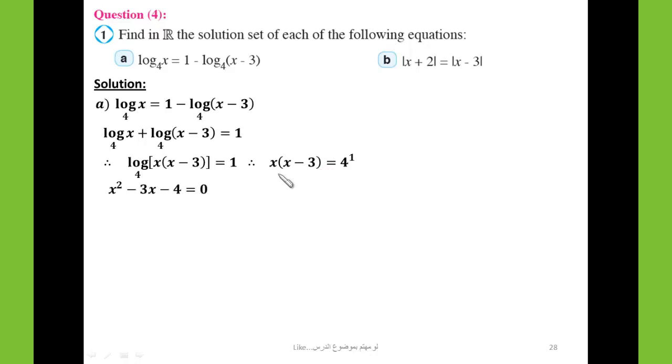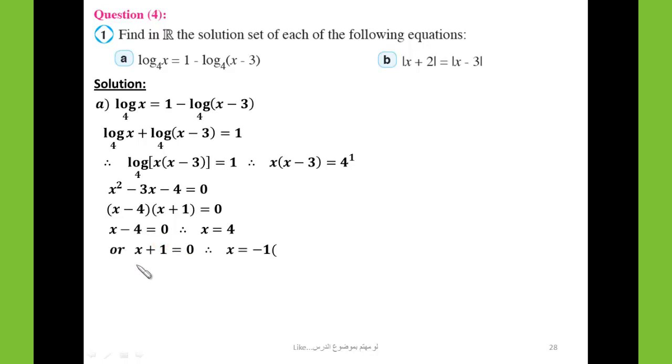So x multiplied by x minus 3 gives x squared minus 3x equals 4. And we put it as a zero equation. So we write x squared minus 3x minus 4 equals 0. And we factorize it to be x minus 4 multiplied by x plus 1 equals 0. When x minus 4 equals 0, x equals 4.